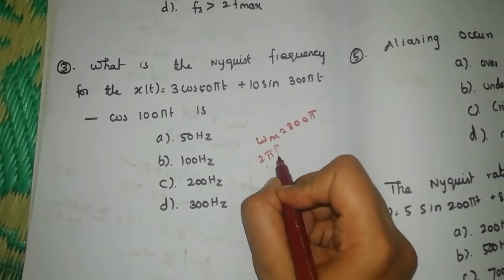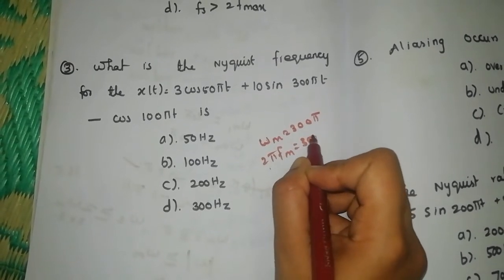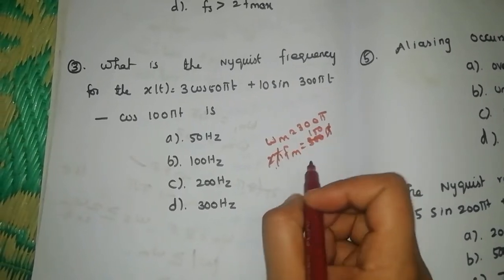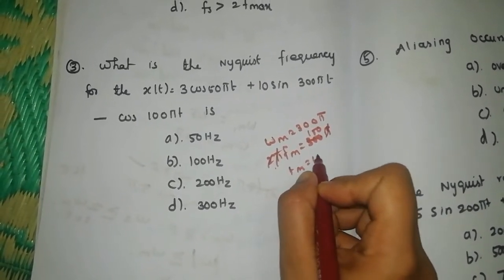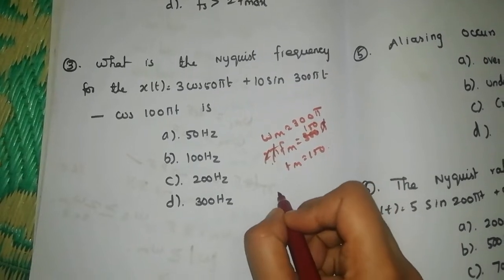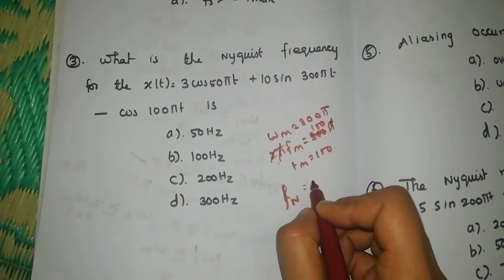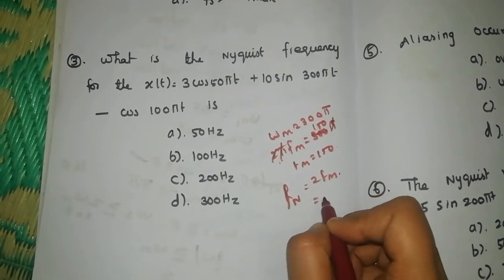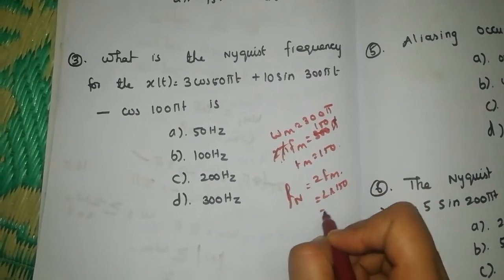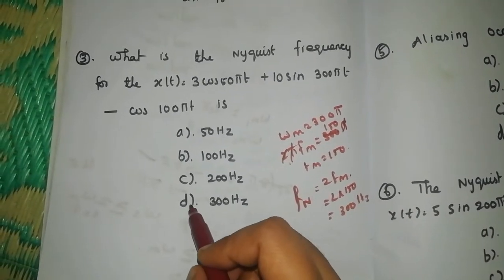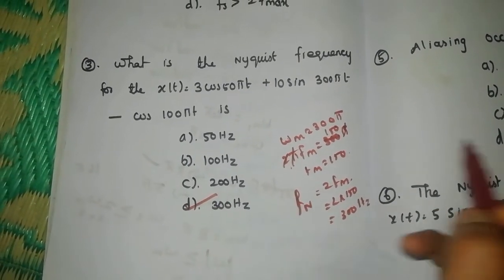So 2 pi fm is equal to 300 pi, pi gets cancelled, and fm is equal to 150. For the Nyquist frequency we have the formula Fn is equal to 2 Fm, and here 2 times 150 is equal to 300 Hz. So the Nyquist rate is 300 Hz. Here the answer is D.